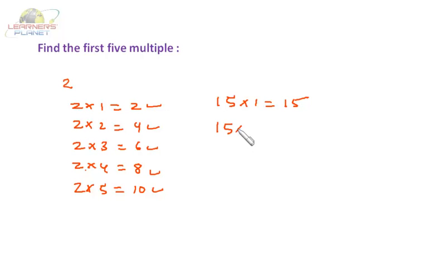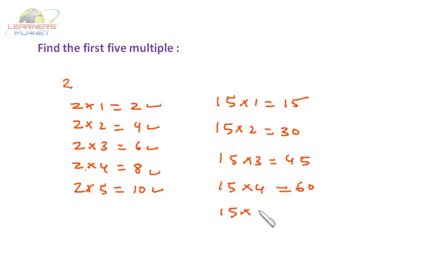Then 15 into 2 is 30. 15 into 3 is 45. 15 into 4 is 60. And 15 into 5 is 75. That means the first 5 multiples of 15 are 15, 30, 45, 60 and 75.